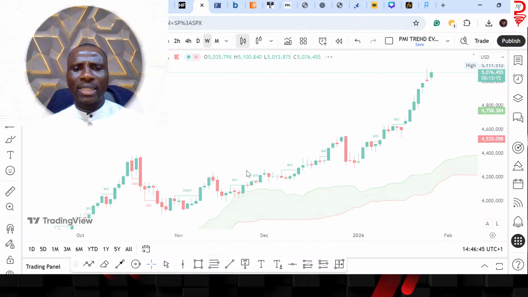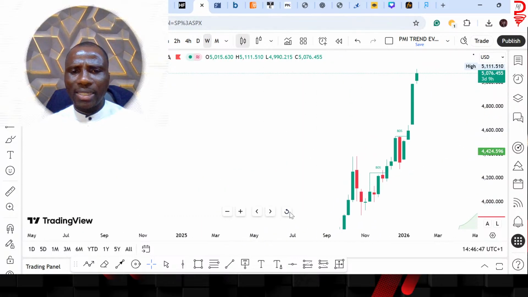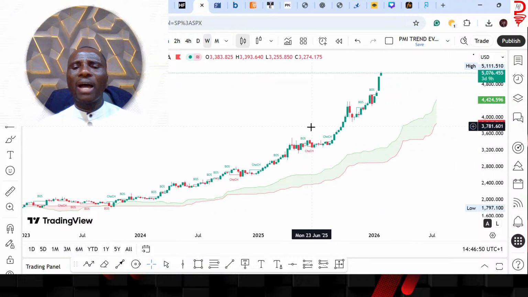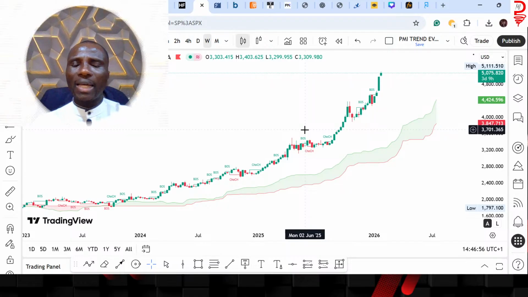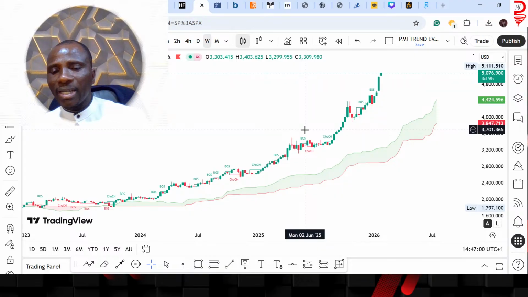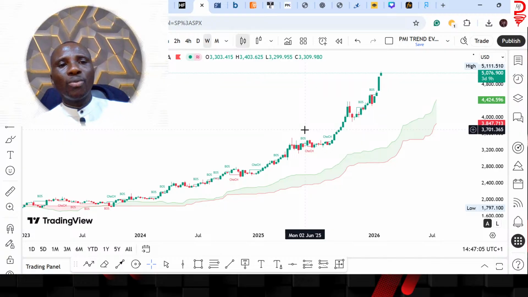What are we looking at? Don't forget, at Potential Miners International, I've said that we have three phases of analysis: the fundamental analysis, the sentiment analysis, and the technical analysis. Let me quickly reiterate what I have said over time. At the beginning, we noticed that on the sentiment storyline, there is a risk on, dollar aversion.